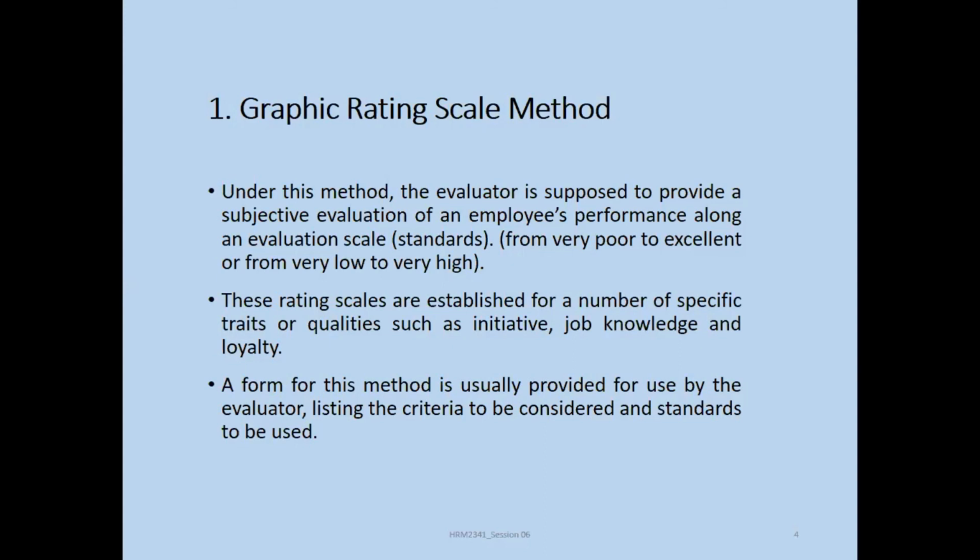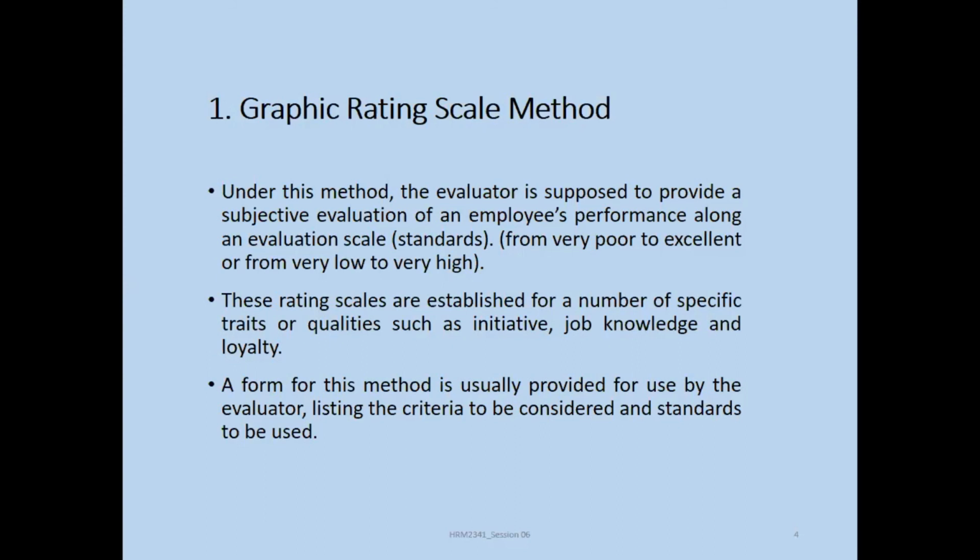What the evaluator is supposed to do is consider the performance evaluation criteria, then consider the actual performance of the evaluatee. Then they should put the mark on the relevant scale.